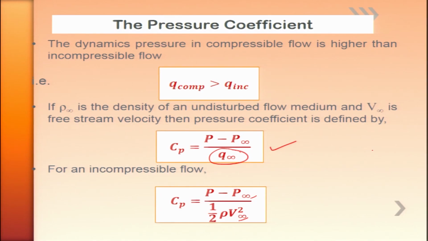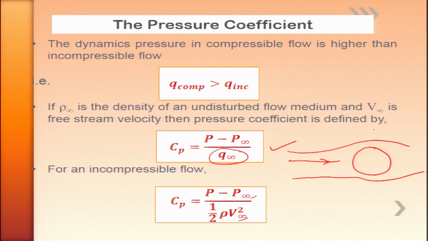If a model, let's say a sphere, is kept in the uniform flow, the flow approaches, and at any local pressure P, with P infinity in the free stream, then P minus P infinity upon the dynamic pressure is represented in the form of Cp. However, please note that the compressible dynamic pressure is always more than the incompressible dynamic pressure.